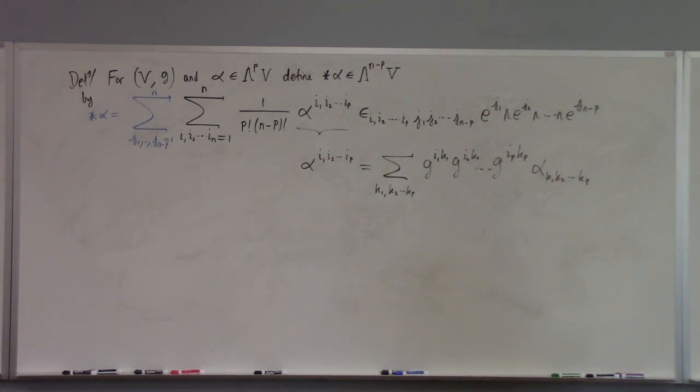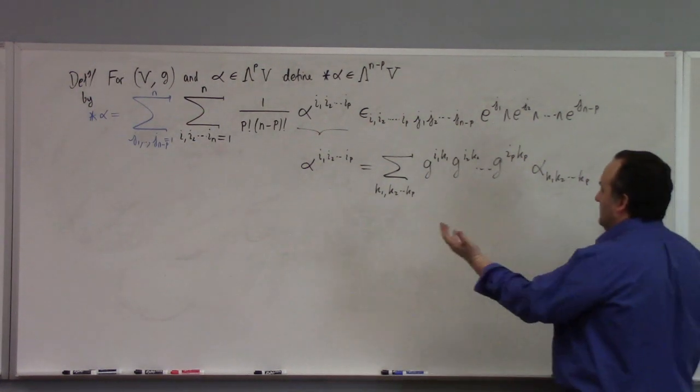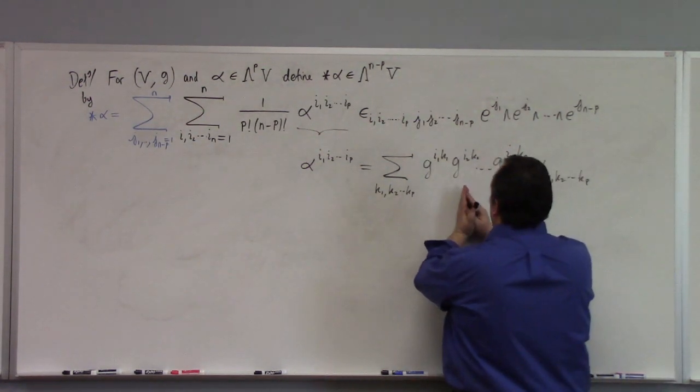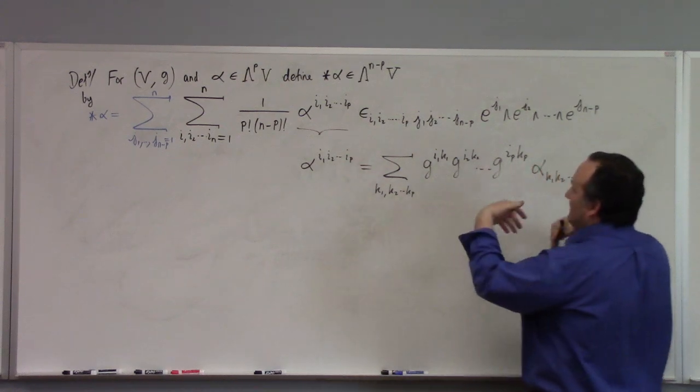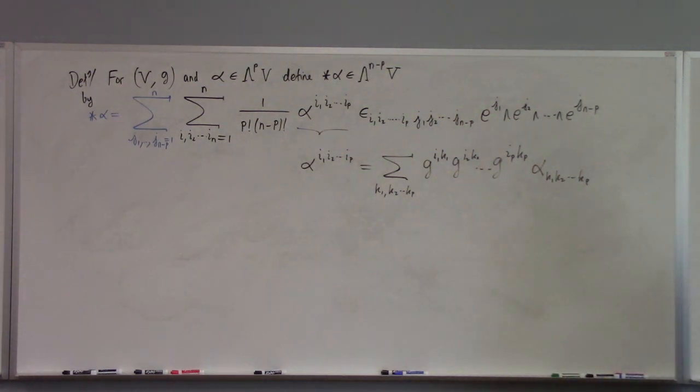It's a p-form, so it has p indices, and they're lower because it's a p-form. We're raising all p indices up in order to contract them against the anti-symmetric symbol.